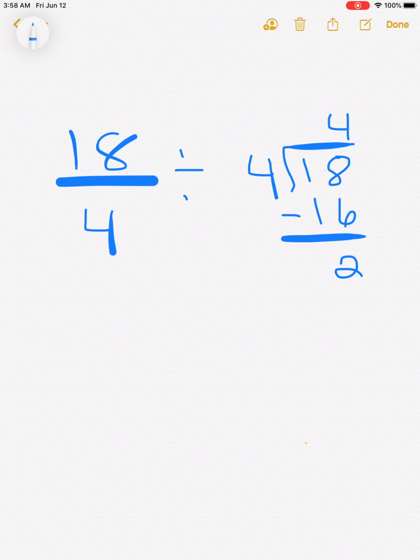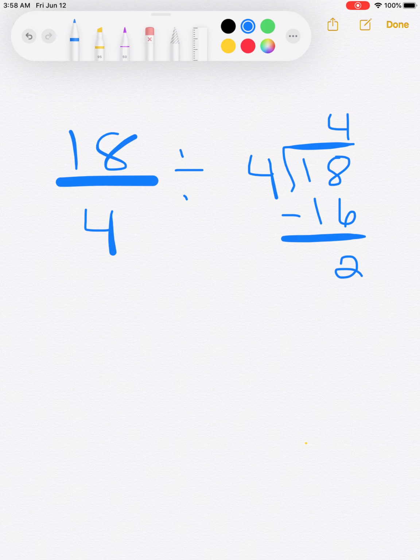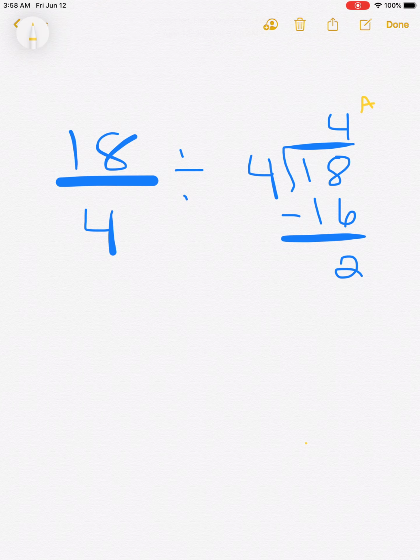So here, we're finished. We've done our division. We have already done our converting, but it's the way that we look at it. I want you all to understand that, all right? A, B, C, okay? This is always your whole number. Your remainder will always be your numerator, and then your divisor is always your denominator, okay?